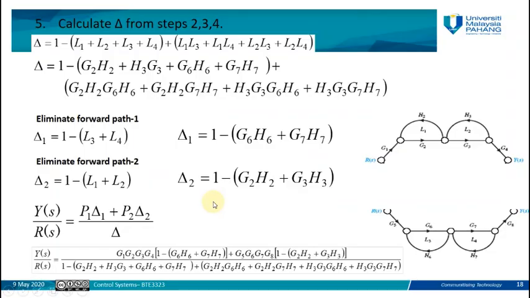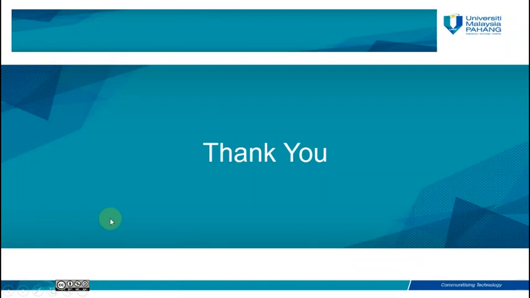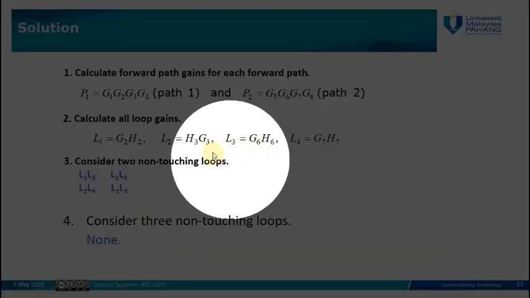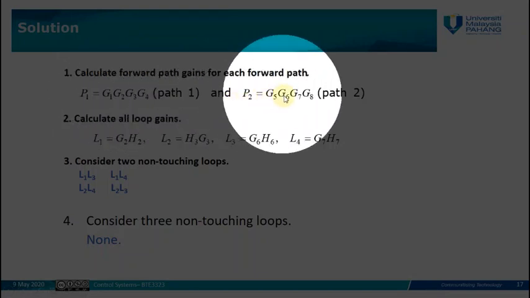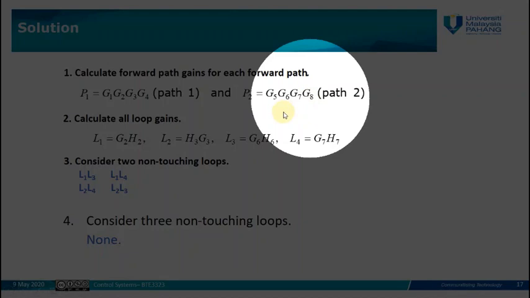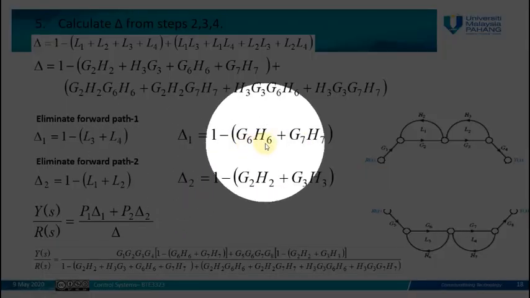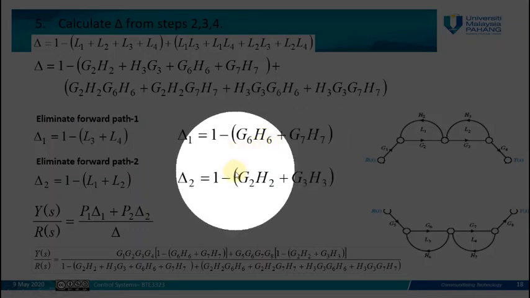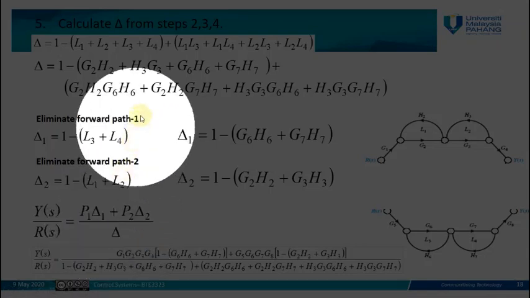Then we substitute these values in the formula. B1 is G1, G2, G3, G4. B2 is G5, G6, G7, G8. Then we have the value of delta 1, which is 1 minus G6H6 minus G7H7. The value of delta 2 we substitute here, and then the value of delta, which is here.